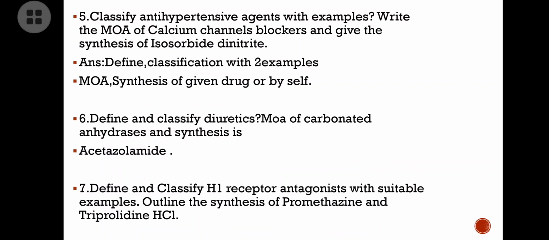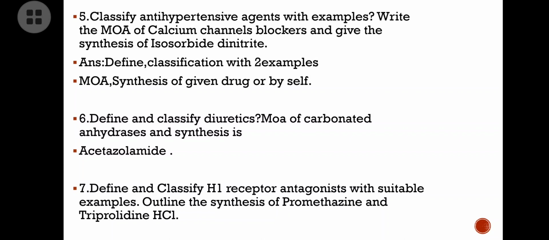Getting? Yeah. Next one, anti-hypertensive agents or drugs, mechanism of action of calcium channel blockers, and give the synthesis of isosorbide dinitrate. Here you remember all anti-hypertensive drugs very well, in a very neat way.